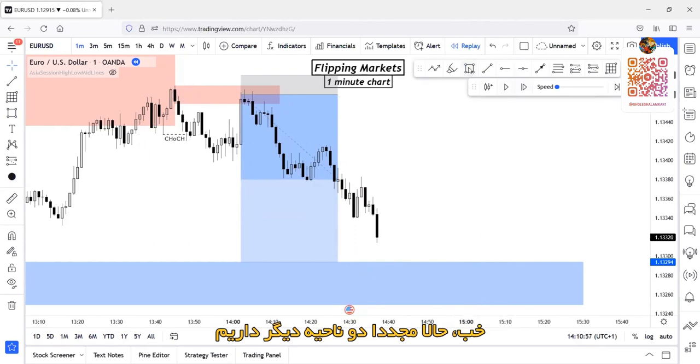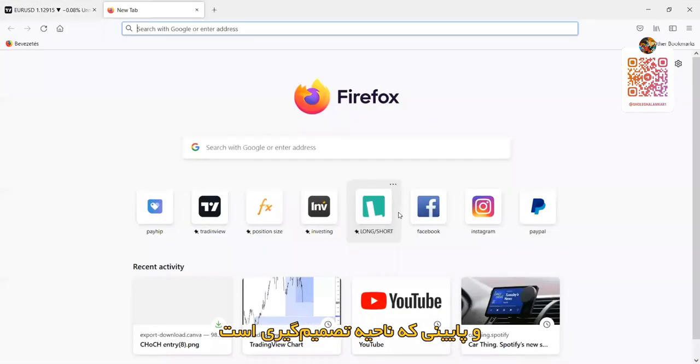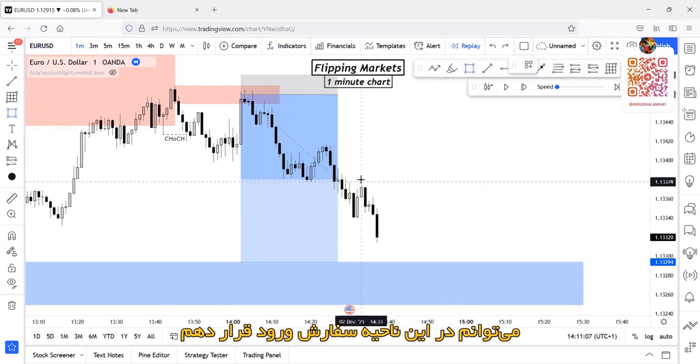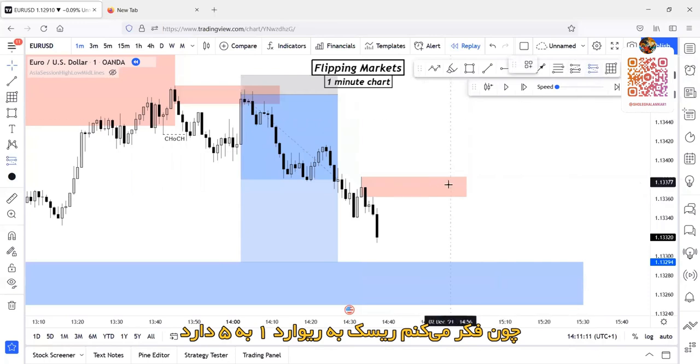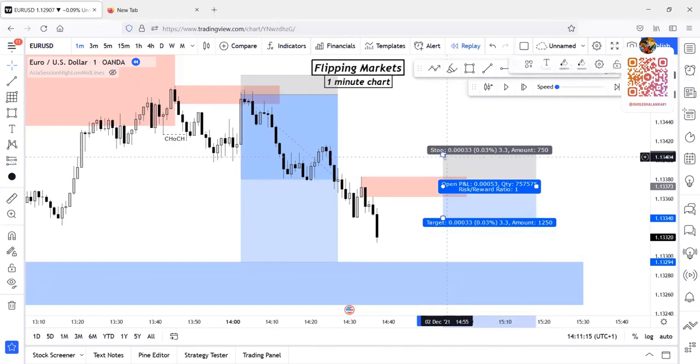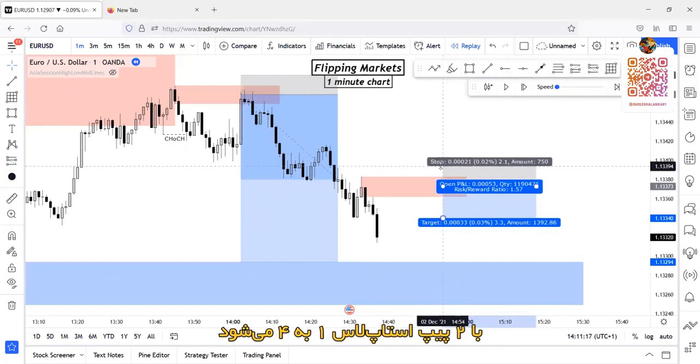Okay, now we have two zones again, the upper decisional, the upper extreme one, and the downer decisional one right here. I could set an order on this block because I believe it will be 1 to 5 risk reward with a 2-pip stop loss. Let's see.